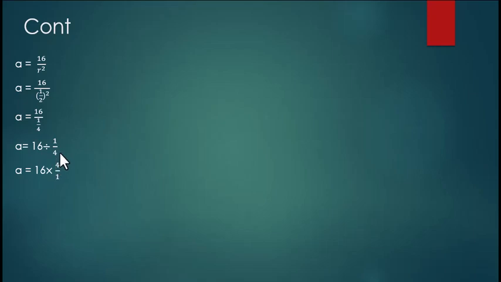So we have 16 multiplied by 4 over 1. When we multiply 16 by 4, we get 64. So 64 becomes our first term.